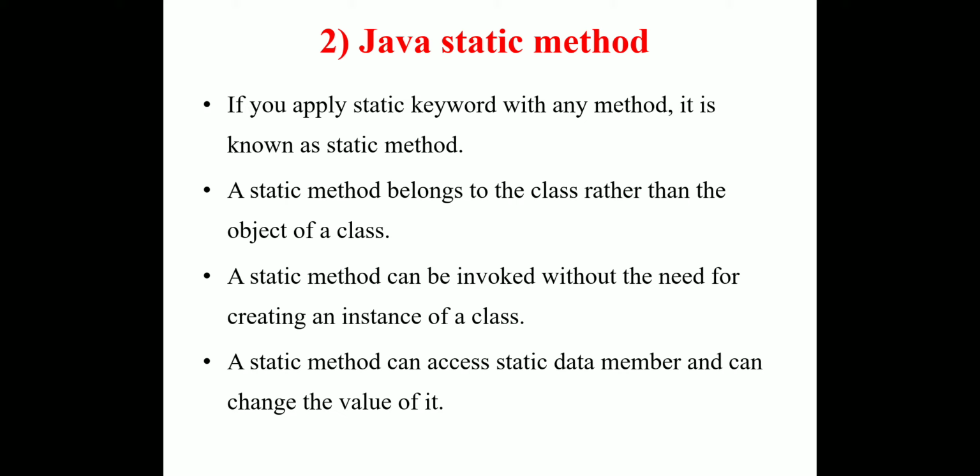A static method can be invoked without the need for creating an instance of the class. A static method can access the static data members and can change their values.